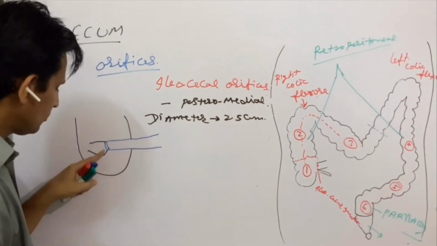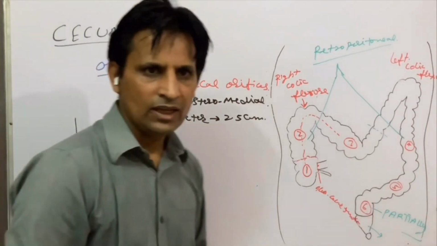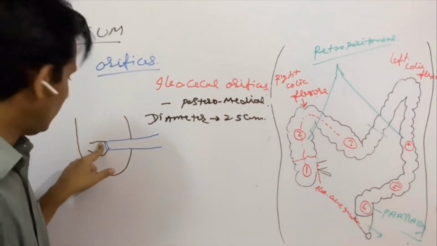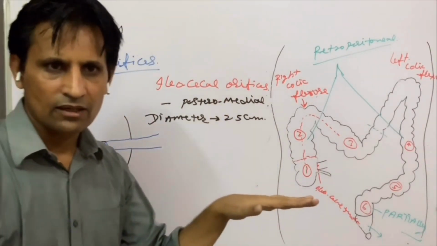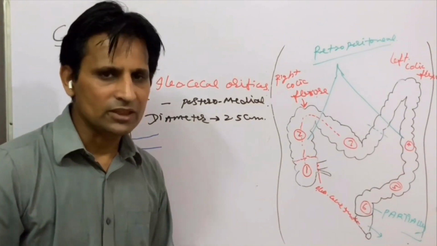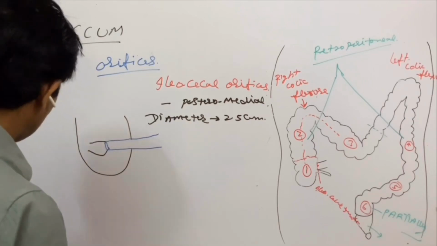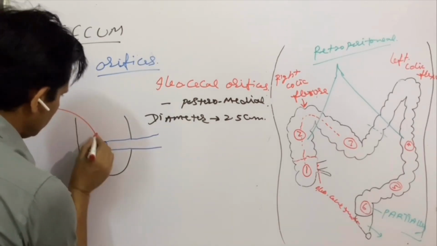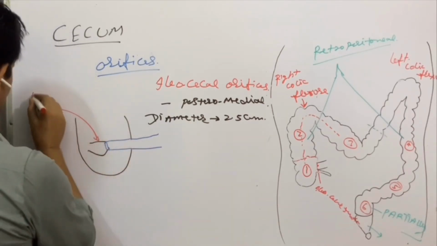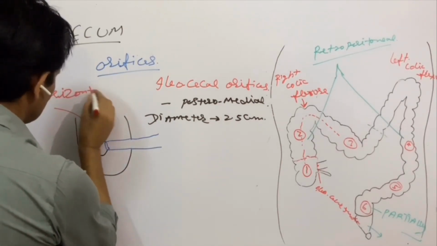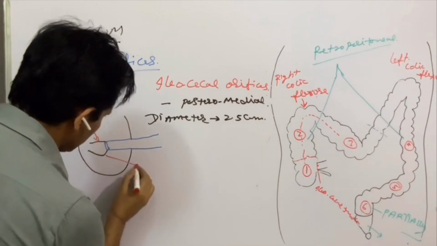So this would be the valve. As you can see, the upper lip is horizontal, while the lower lip is concave.